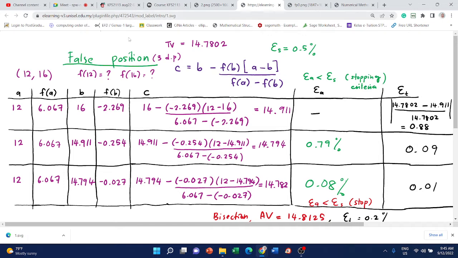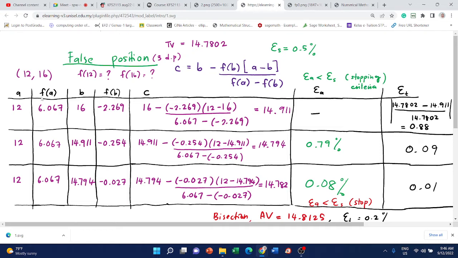In the false position, the condition to choose the interval is the same as the bisection. So we choose the same interval because the root is between 12 and 16. Okay, so we compute what are FA and FB.